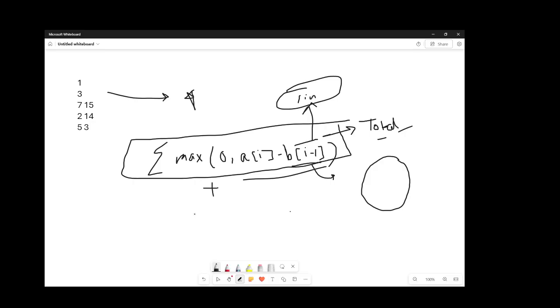That would be A_i. I'll explain why we are subtracting the max of 0 and A_i minus B_previous.